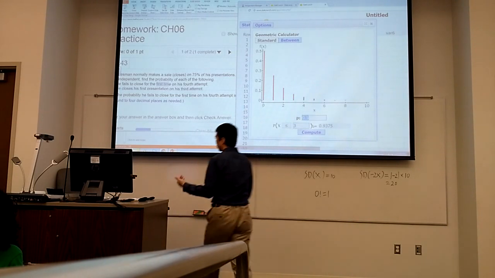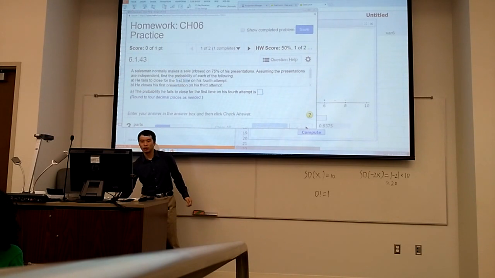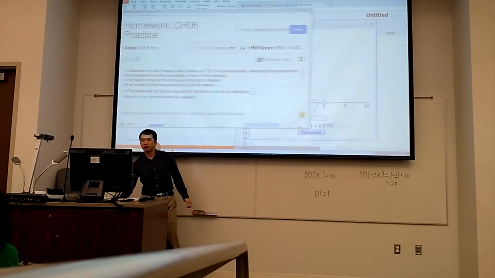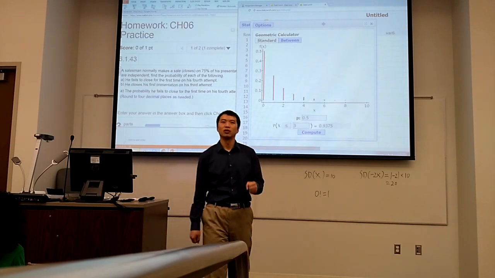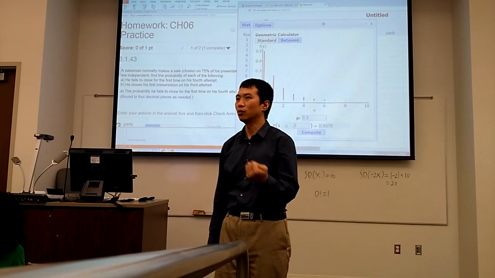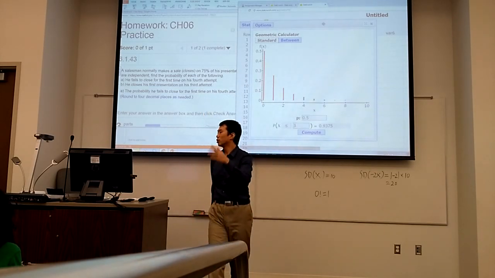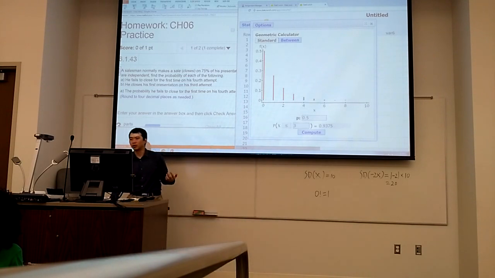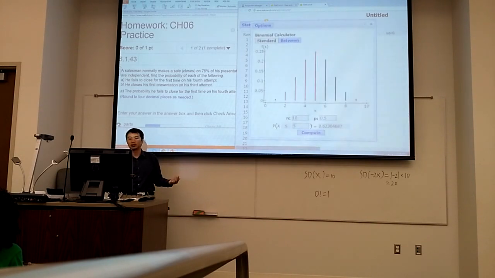So we already discussed that. What if the question is, what's the probability that he closed 4 deals out of 9 trials? Then we know we are talking about the binomial model, right? Then let's go to the stat calculator and choose the binomial calculator.